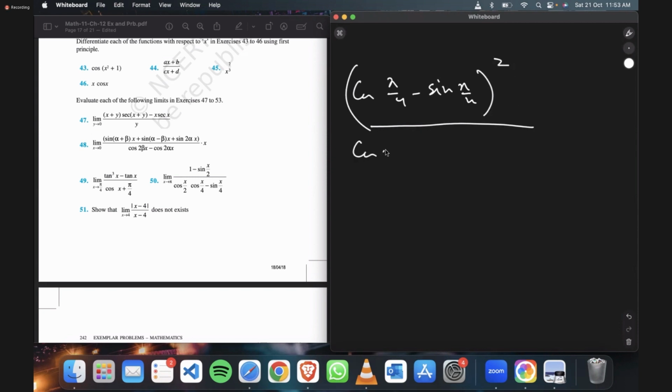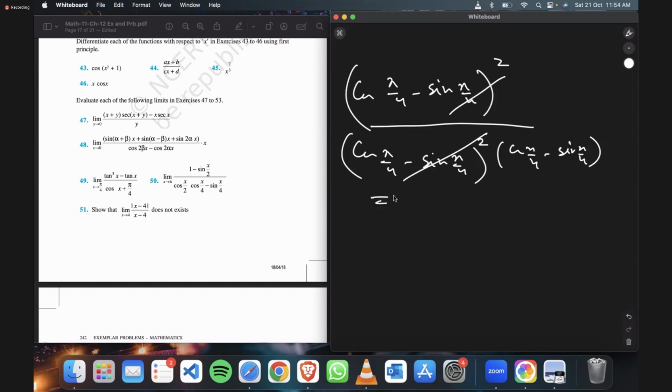Cos x by 4 minus sine x by 4. Okay, and I had a cos x by 4 minus sine x by 4 over here as well. And what was that larger term that we missed out? Yeah, sine x by 4. I can also write that as cos x by 4 minus sine x by 4. So there's a square term over here. This whole thing will get cancelled out.